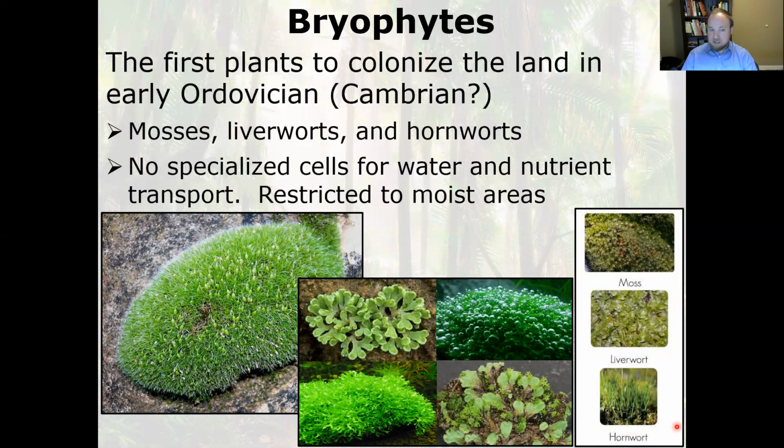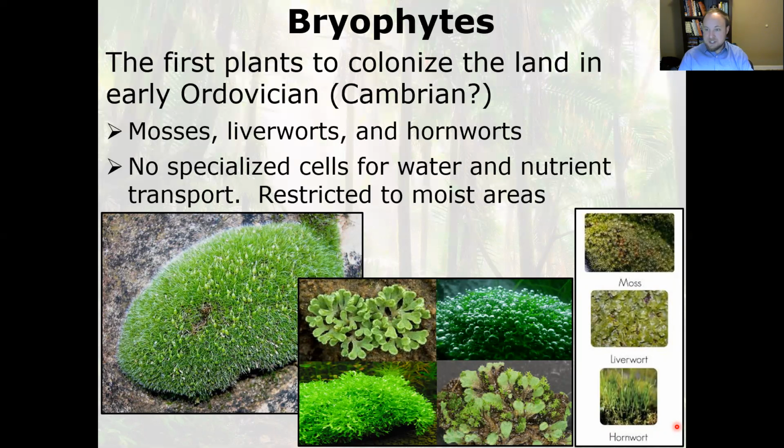They don't have any way of transporting water or nutrients from a root system to leaves, which means they're restricted to moist areas, and they're also restricted to being close to the ground, so they're sort of these more encrusting forms. They don't really get above the ground surface.